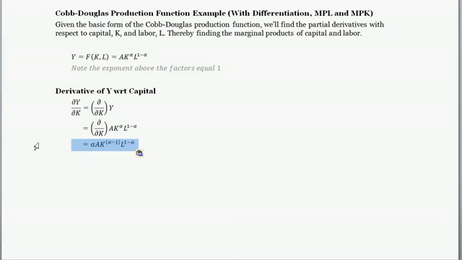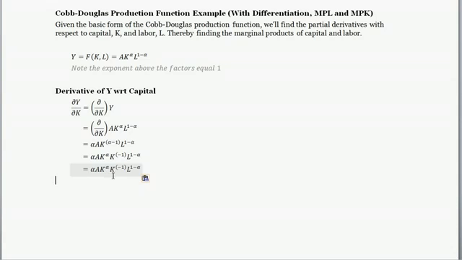We could also simplify this or change the form of this solution to make it more useful in other situations. So hold on a second. Another way to write this is the following. I've broken up the K exponents into two parts: you have K raised to the alpha times K to the negative 1.